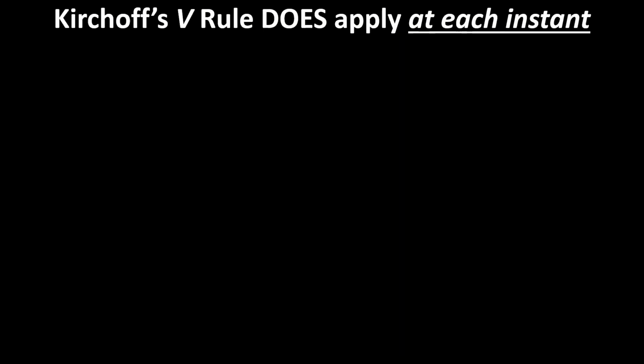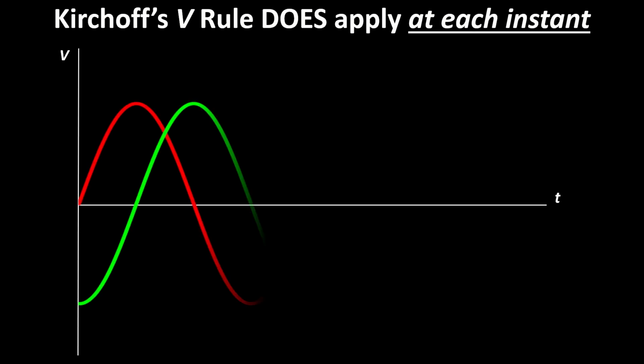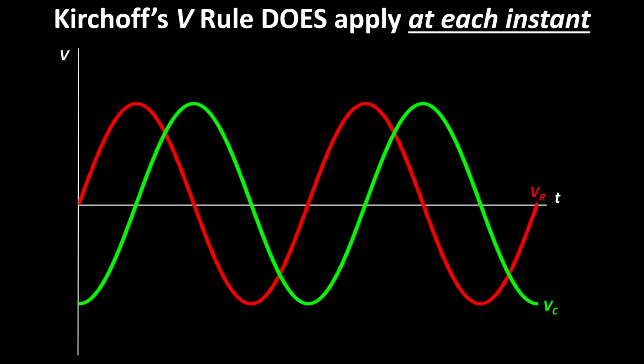Now, Kirchhoff's voltage rule does apply, but you've got to apply it at each individual instant rather than with RMS values, which are almost like a time average. If we look at that graph again and look at what happens at any particular instant, we can apply Kirchhoff's voltage rule instantaneously: Vs equals VR plus VC.